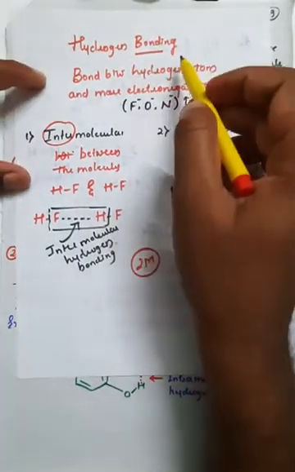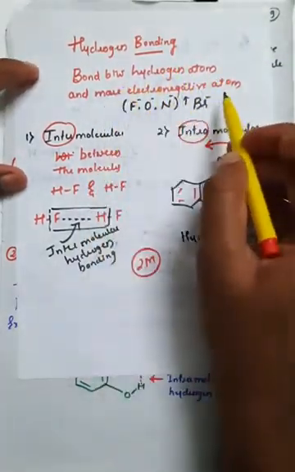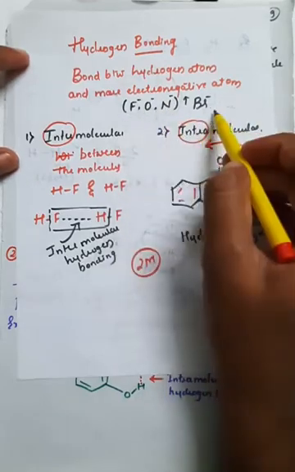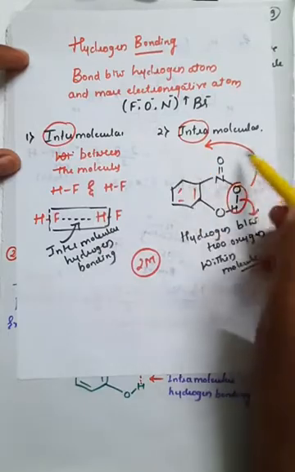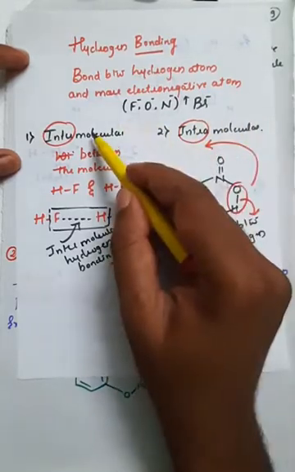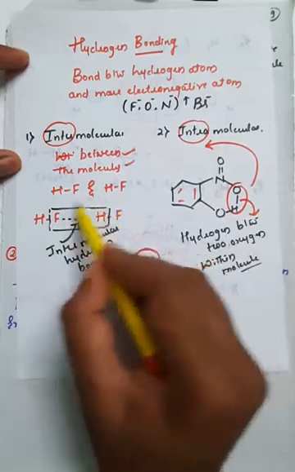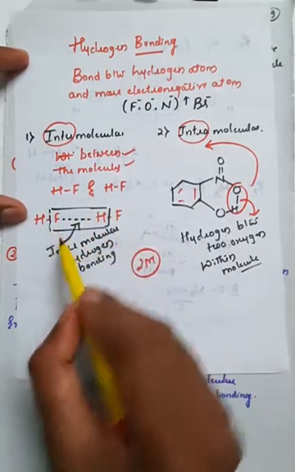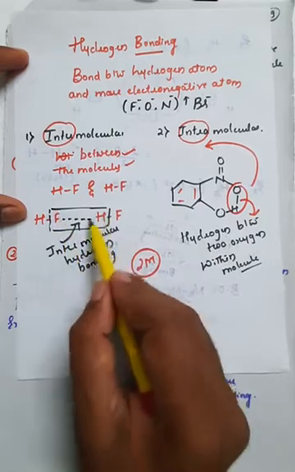So hydrogen bonding is nothing but the bond between the hydrogen atom and a more electronegative atom. It may be fluorine, oxygen, nitrogen or bromine. There are two types. One is intermolecular hydrogen bonding, second one is intramolecular. Intermolecular means between the molecules. If we take two hydrogen fluoride, there is a bond between the fluorine of the first molecule and the hydrogen of the second molecule.